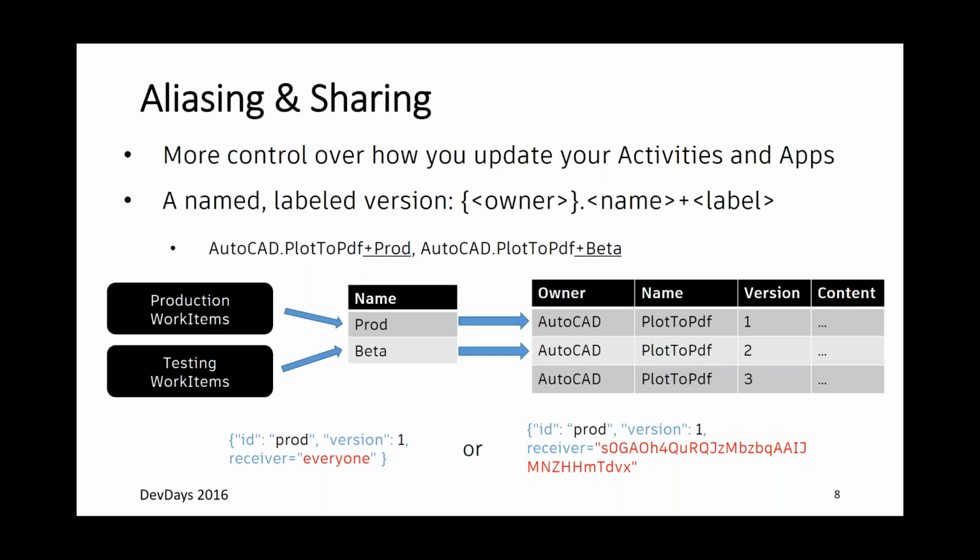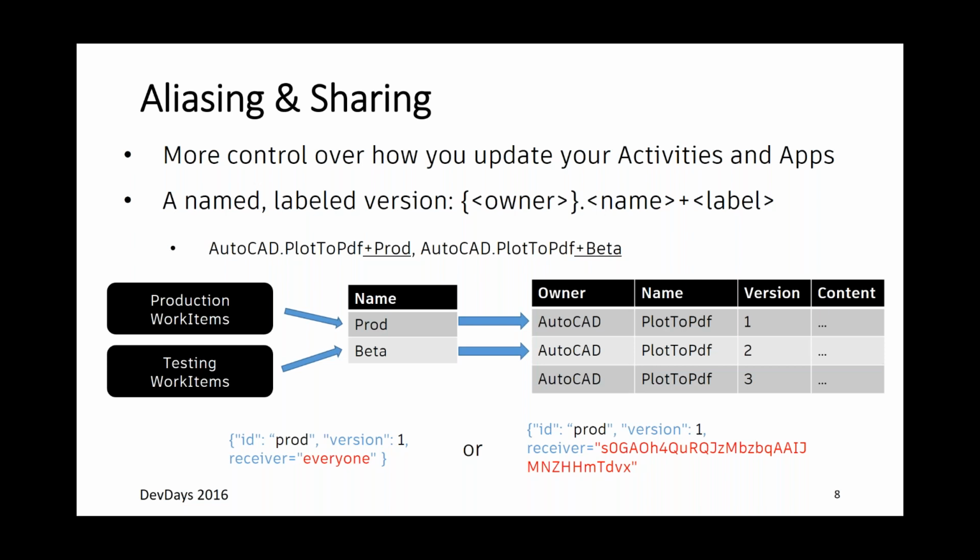In V3, we also give you more control over how you update your activities and apps. We now provide you with the ability to reference aliases rather than discrete activity names, such as AutoCAD plus plot to PDF. So let's say, for instance, you've created this plot to PDF activity and uploaded it to the service, and people have started uploading work items to be processed by this activity.